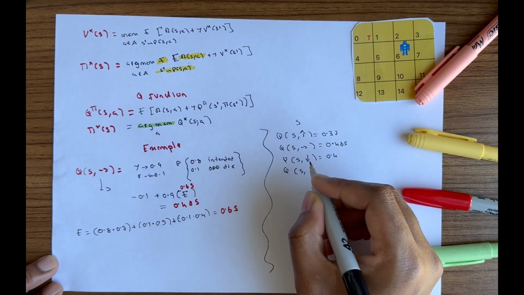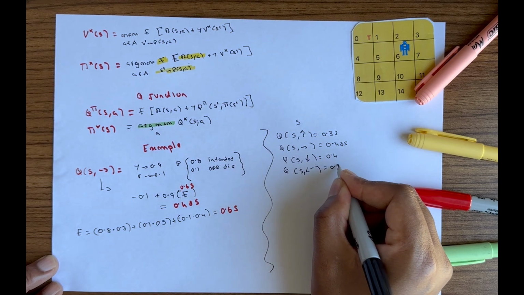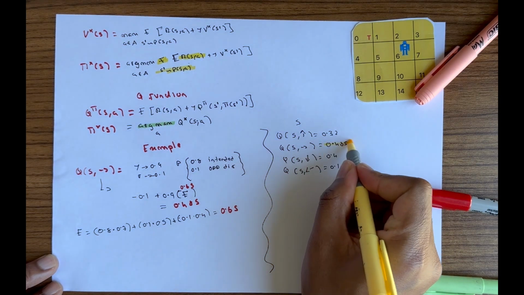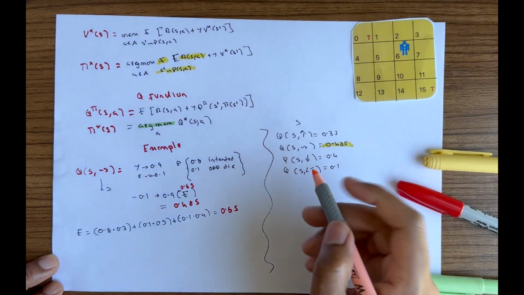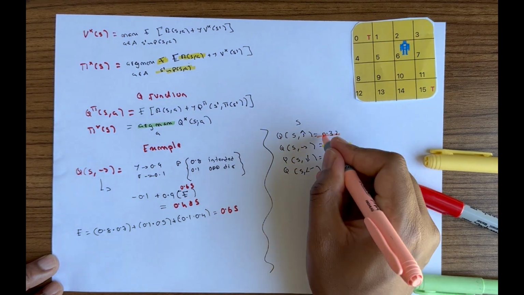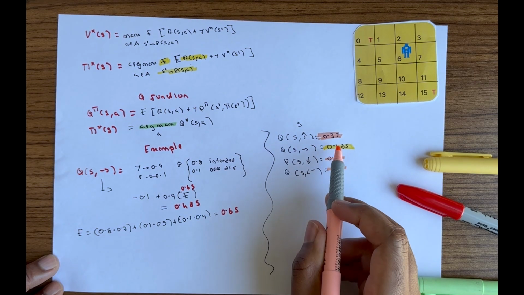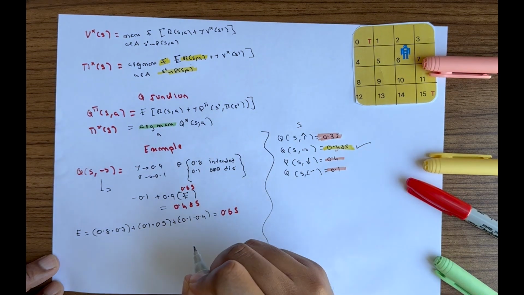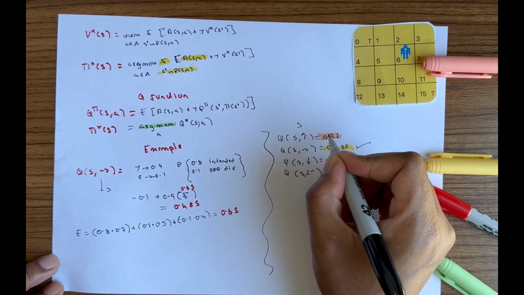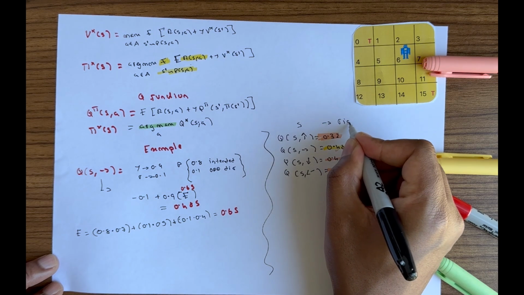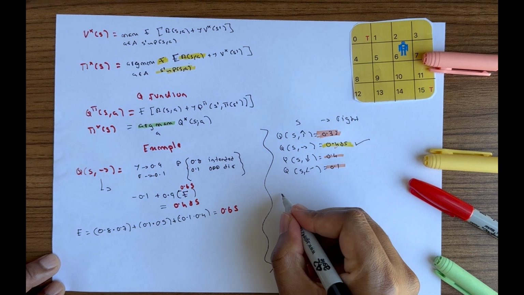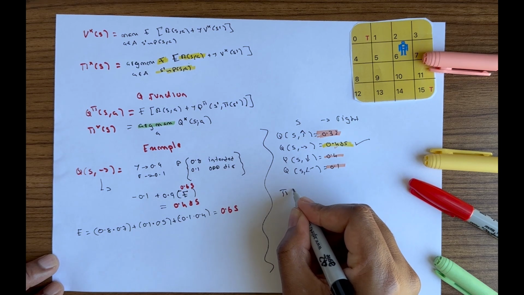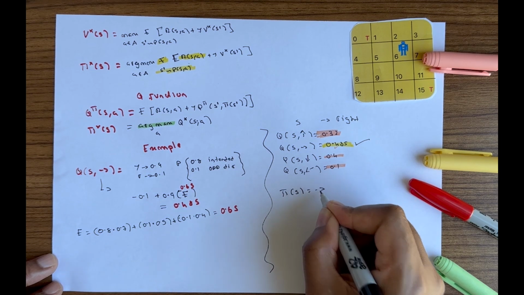Q of state 5 left, 0.1. So you just ask, what is the maximum? The maximum is this. We don't need the others. All we need is the Q because it is the maximum. So we can see that this is the policy. The policy of state 5 is going to be right.